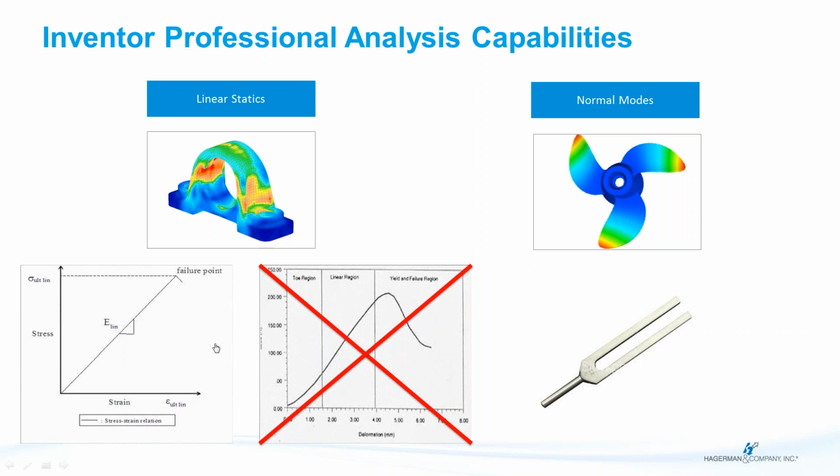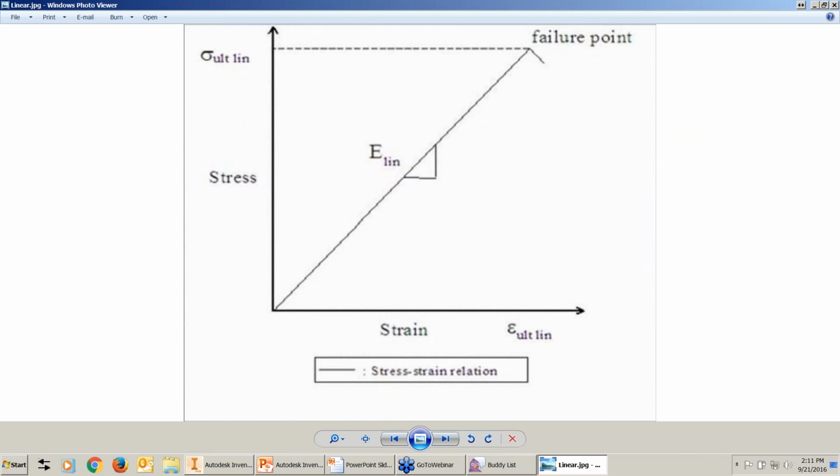So if we look at what is behind a linear stress, just to make sure everybody has a clear understanding of this, when you plot the amount of stress versus the amount of deformation of a material. For example, if we start at 0 in the lower left, we apply 100 pounds, plot the amount of deformation or strain, and it deforms 1 inch.